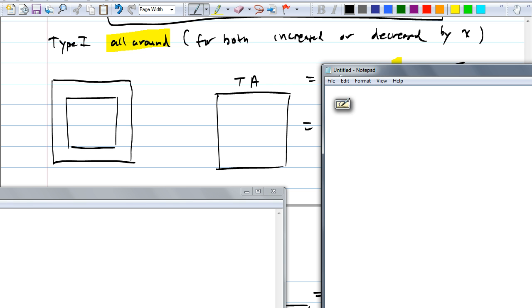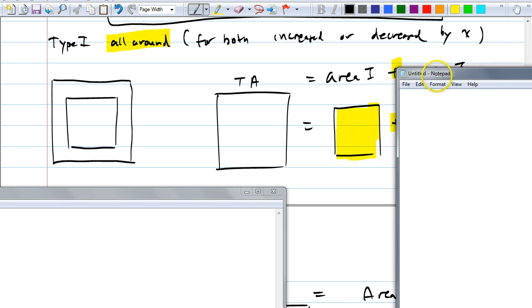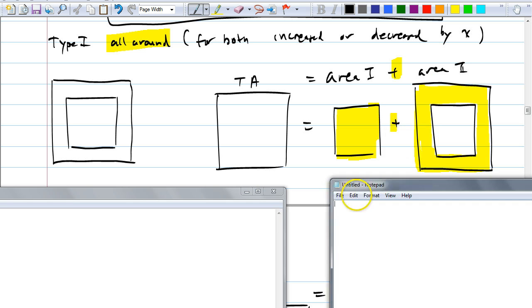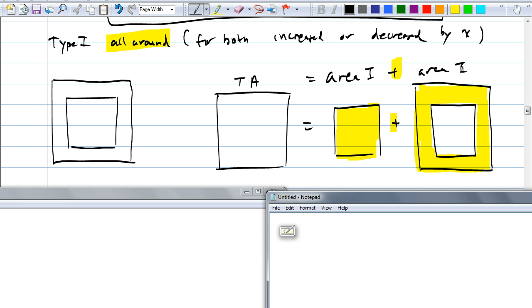Area 1? What do I mean by area 1? Yeah, the smaller rectangle plus what? The bigger rectangle? No, the bigger rectangle is the total area. The smaller rectangle plus, yes, Dana? The added side, which should be the increased area or the decreased area, depending on what kind of problem you have, right? Does that make sense?